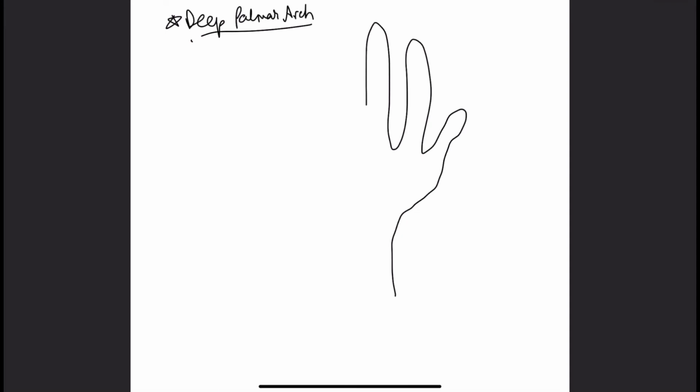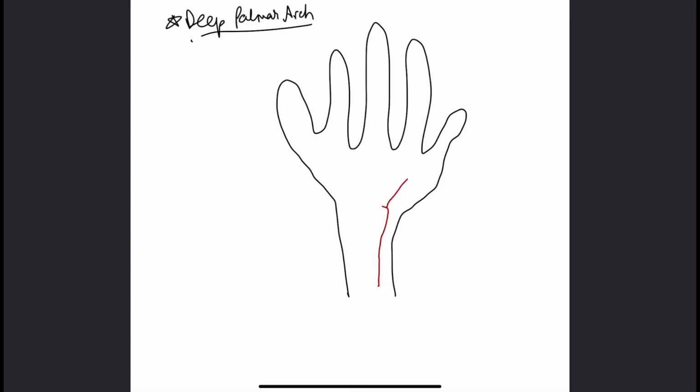Okay, so now I'll be talking about the deep palmar arch. So this is our hand as usual. Okay, and this is your deep palmar arch. So first we have princeps pollicis, then we have our radialis indicis.